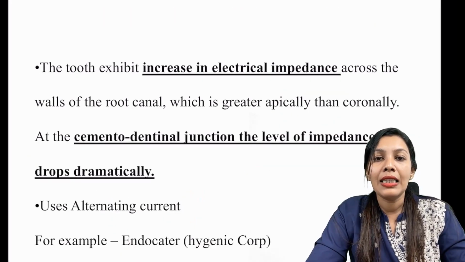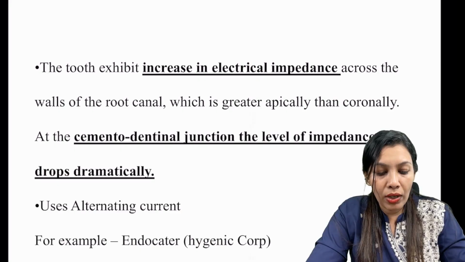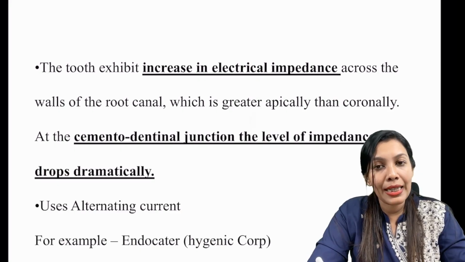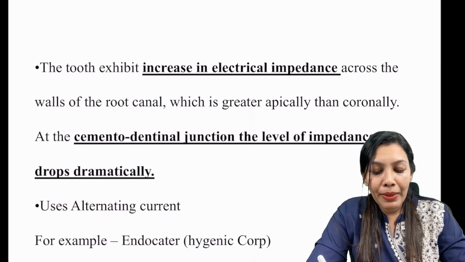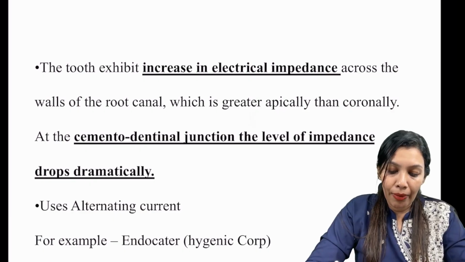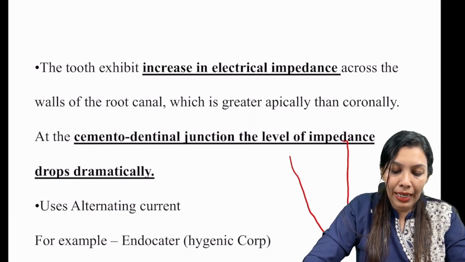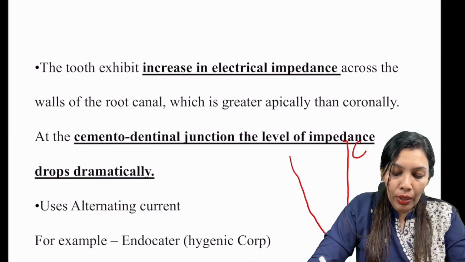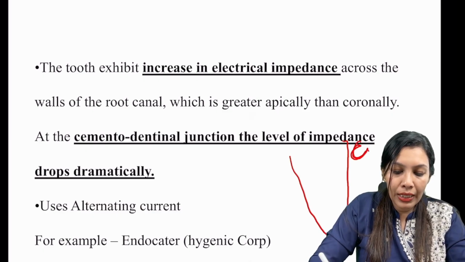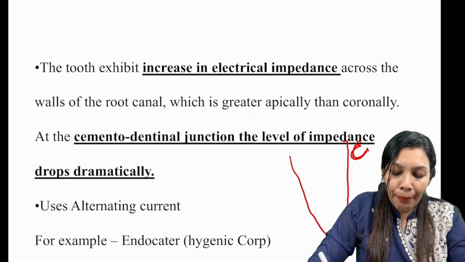And the tooth exhibits an increase in electrical impedance across the walls of the root canal, which is greater apically than coronally. At the cemento-enamel junction, the impedance drops dramatically. So this is the coronal portion and this is the apical portion, and in the apical portion it is greater.